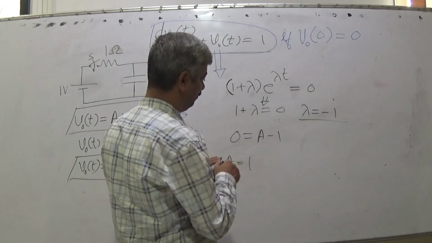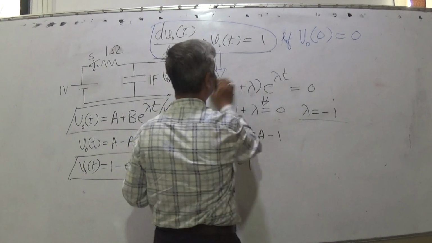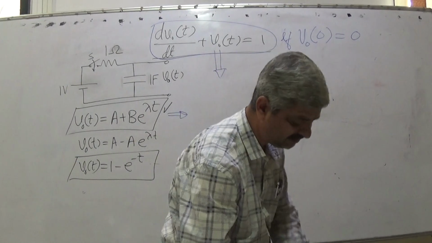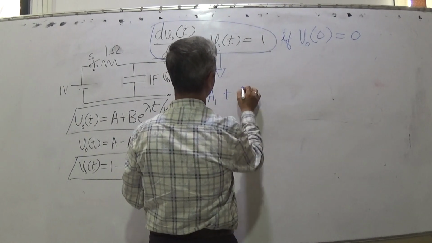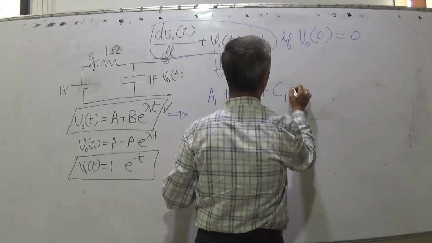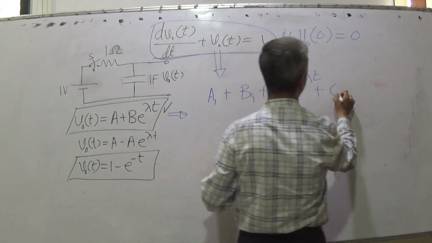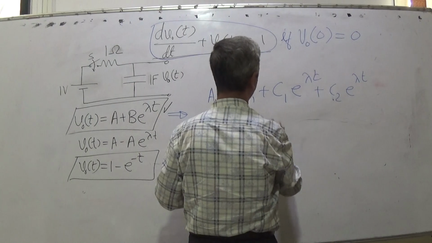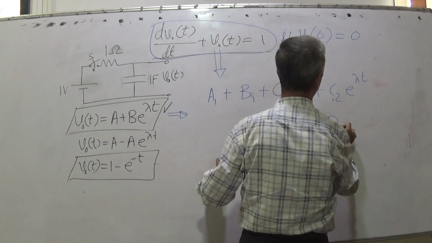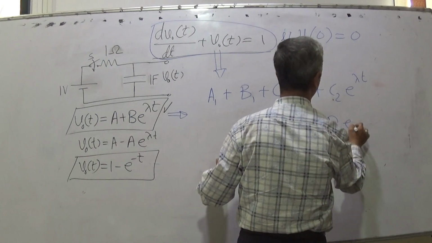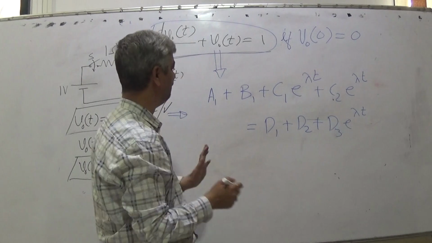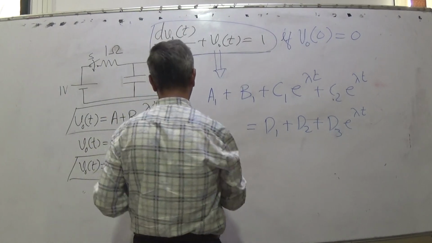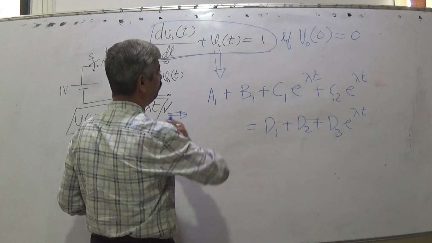I will give a further hint. Whenever you get an exponential equation with multiple terms, say a1 plus b1 plus c1 e raised to lambda t plus c2 e raised to lambda t on the left-hand side is equal to d1 plus d2 plus d3 e raised to lambda t, a simple method to solve is, in the first step, exclude the e raised to lambda t terms.